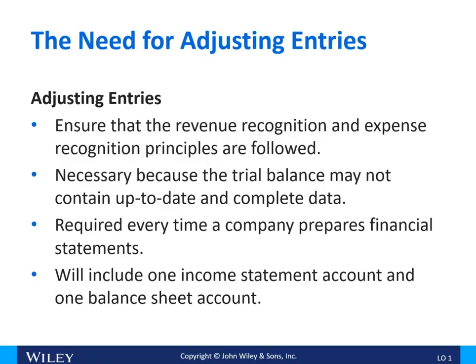So rethink that. There are times when we do entries with 2 income statement accounts or 2 balance sheet accounts, but most of those are correcting entries as opposed to adjusting entries. So if you're thinking just about adjusting entries or accruals and deferrals that we're talking about in this chapter, 1 income statement account, 1 balance sheet account.